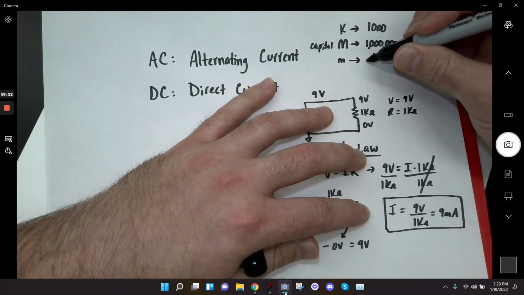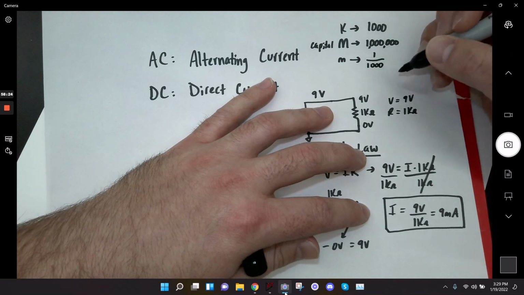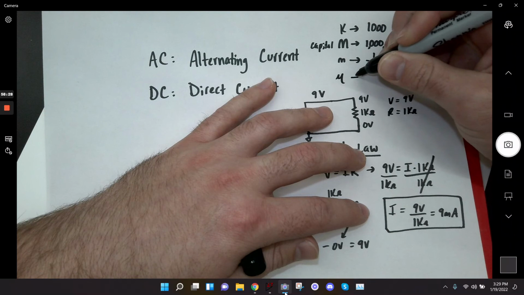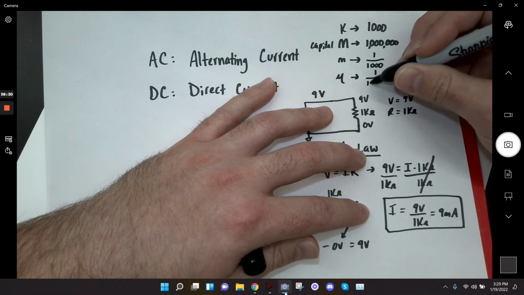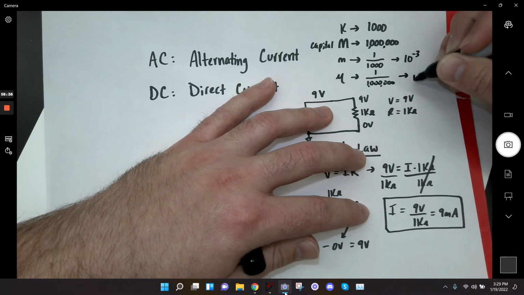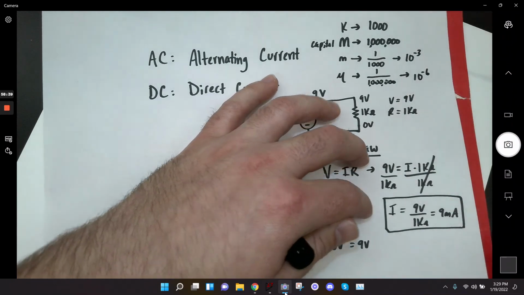Milli means 1,000th. And then you have micro, which is 1/1,000,000th. This is also denoted by 10 to the minus 3, 10 to the minus 6.